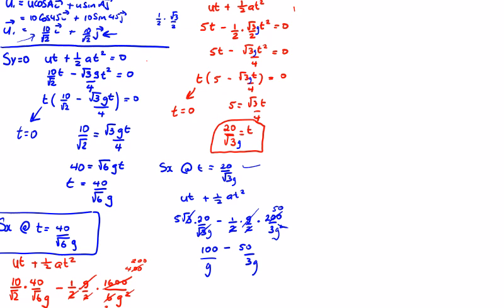And in my head I divided 400, this 20 squared is 400, so that should be 100. So I'm left with 100 here. So 100 over g minus 100 over 3g times top and bottom by 3 to get 300 over g minus 100 over g.